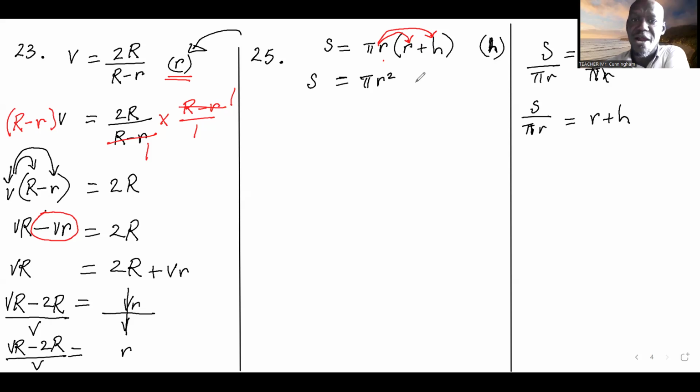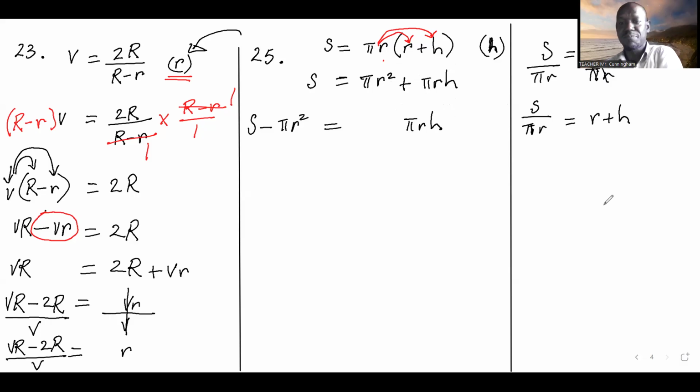So this is pi r squared plus pi r h. What are we finding for h? Good. Good. So now I would have taken the pi r squared over with the s, right? So s minus pi r squared equals pi r h.